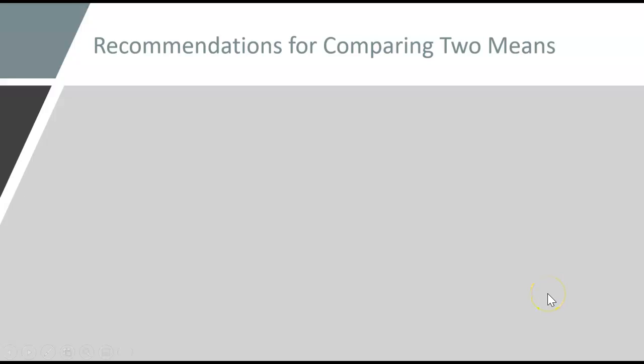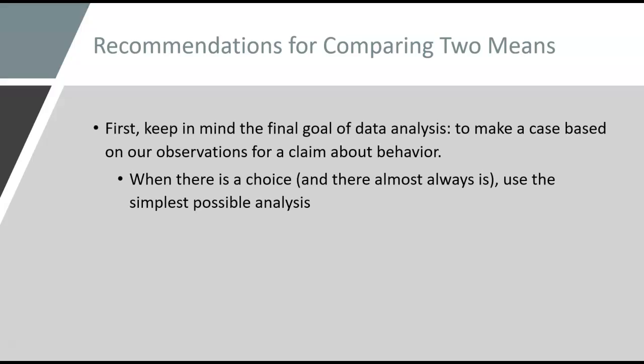Now, when we're comparing means, either in the context of independent groups designs or within subjects designs, you have to keep in mind what you're actually going to do with your data analysis. And eventually, you want to be able to make some kind of claim about your hypotheses concerning your behavior of interest.